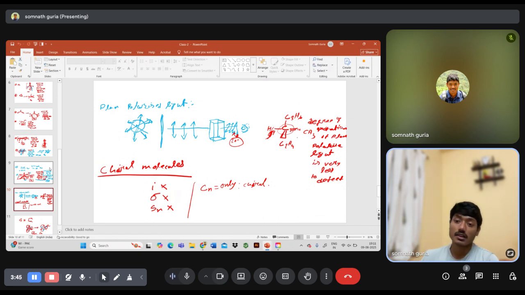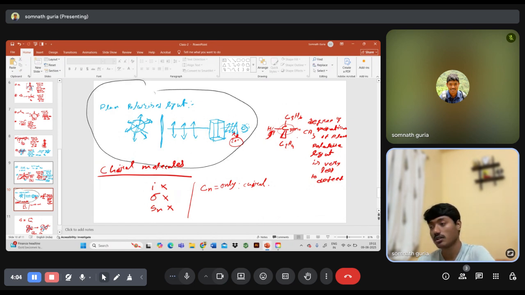Plane polarized light: our normal light is unpolarized light. Whenever this unpolarized light passes through a crystal, where one axis allows the light to be transmitted and oscillate in one particular direction.